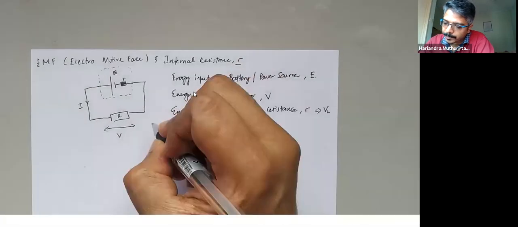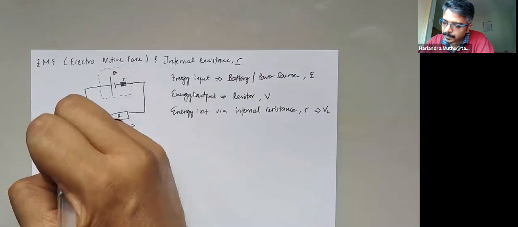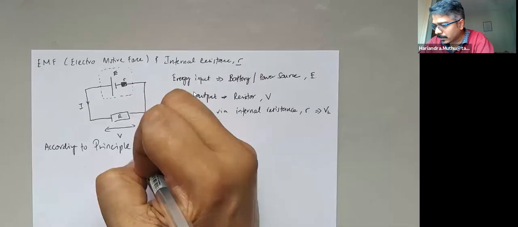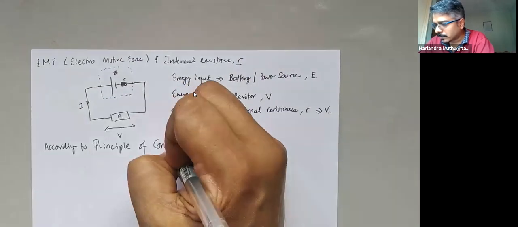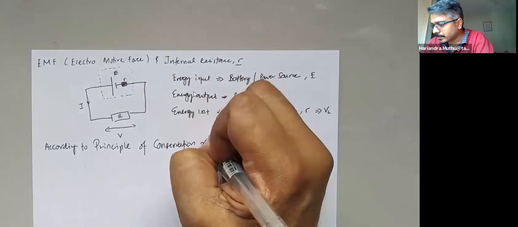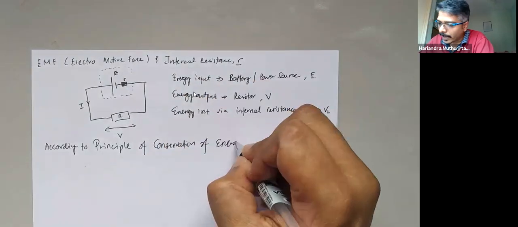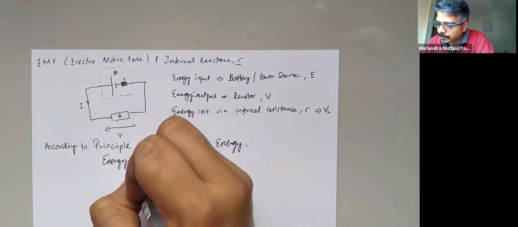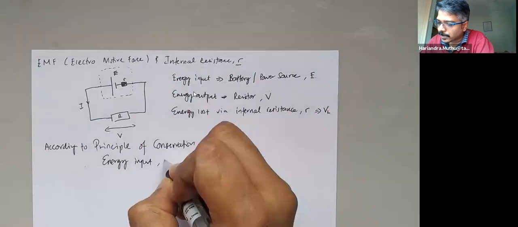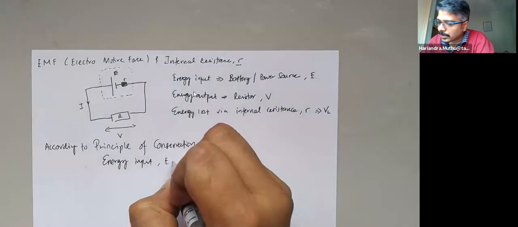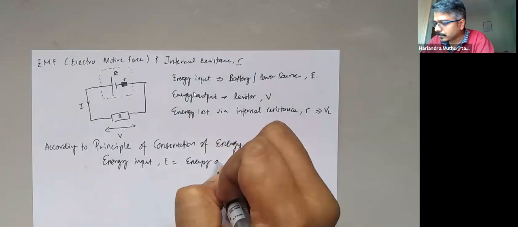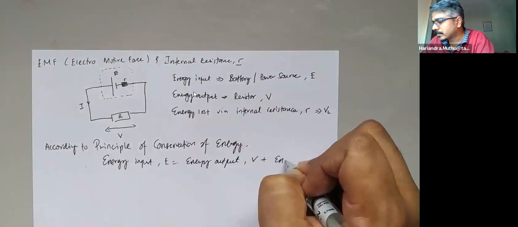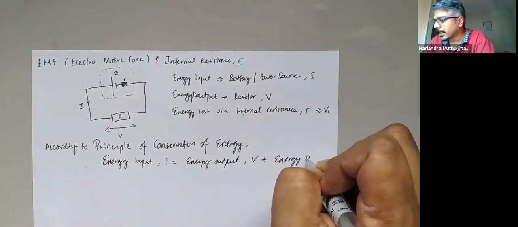So according to the principle of conservation of energy, the energy input, which is by the battery, is equal to the energy output V plus the energy loss by the internal resistance VL.